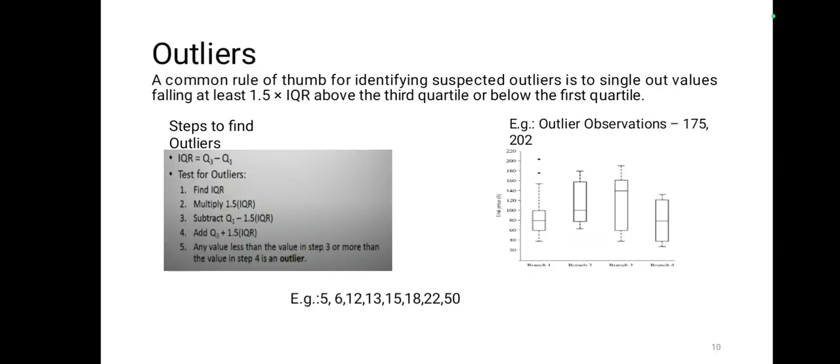So next one is about outliers. A common rule of thumb for identifying suspected outliers is to single out values falling at least 1.5 times the IQR above the third quartile. What are they telling us exactly? Why do I have to go for outliers? When you have a lot of data, you cannot say all the data have the same properties or similarities.